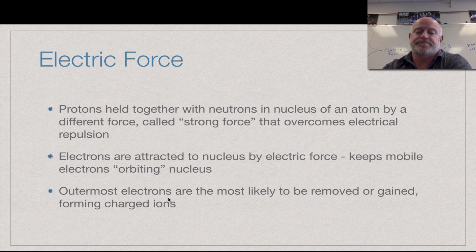In the world of chemistry, that's how we get chemical bonding or ionic bonding, because we strip off those outside electrons. In the world of physics, it's really no different. We want to get a charged particle through friction or conduction or induction or any of those things. We do it by taking the electrons on the outermost energy levels, because they're the ones that have the least amount of electric force holding them in.